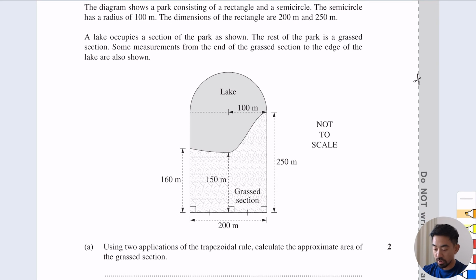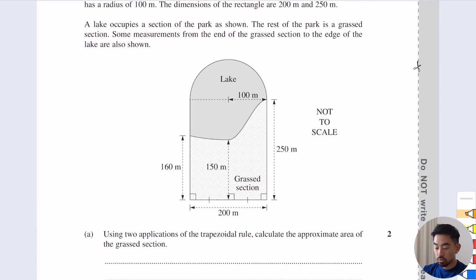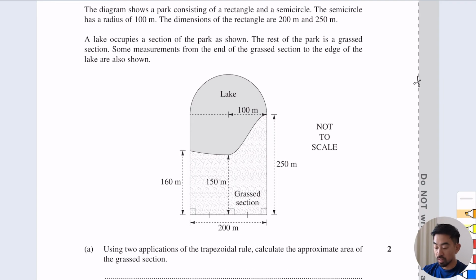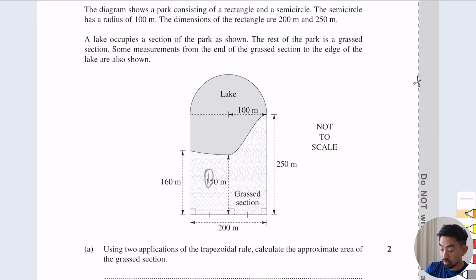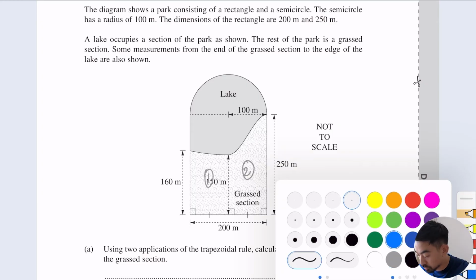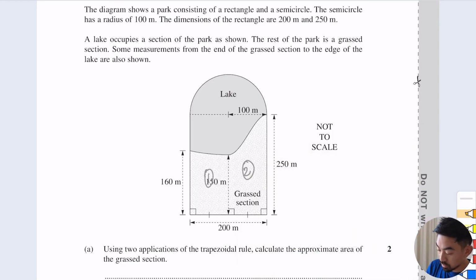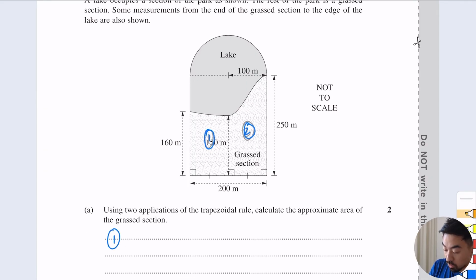Okay, so there's a diagram, and it says using 2 applications of the trapezoidal rule, calculate the approximate area of the grass section. Okay, that's quite straightforward, I think. So we've got area 1 here, area 2 here. So area 1 will be 1/2 (a plus b), which are our parallel sides, times our height.